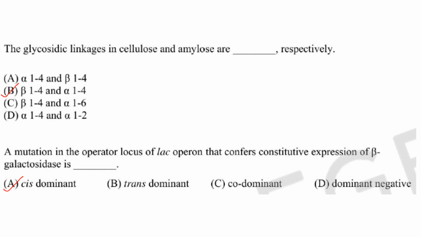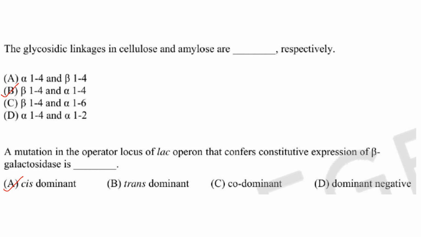So operator and beta galactosidase, they belong to the same DNA molecule. Now this mutation, that is the mutation in the operator locus of lac operon, it will prevent the binding of lac repressor to the operator site, thereby resulting in constitutive expression of beta galactosidase.